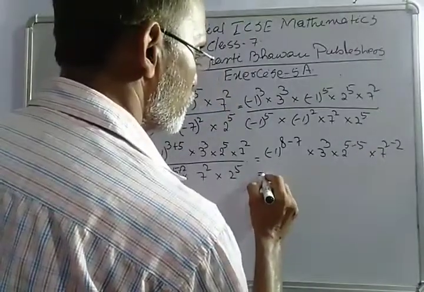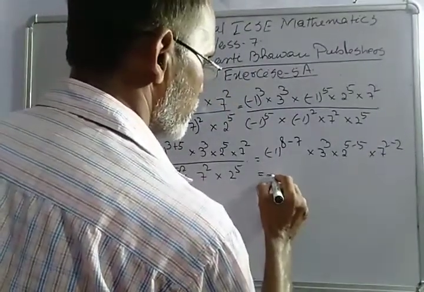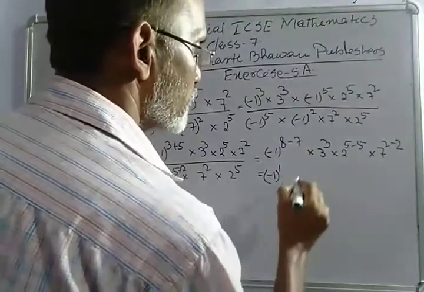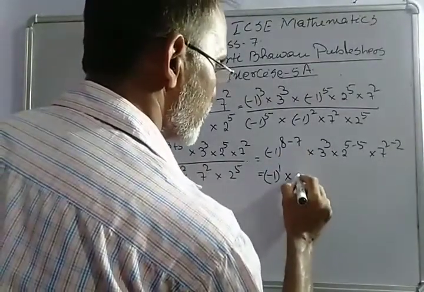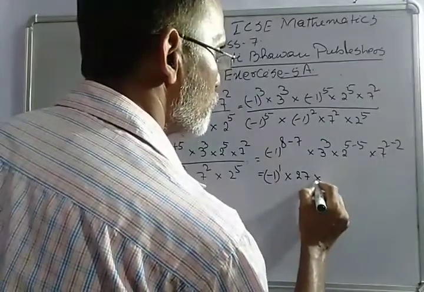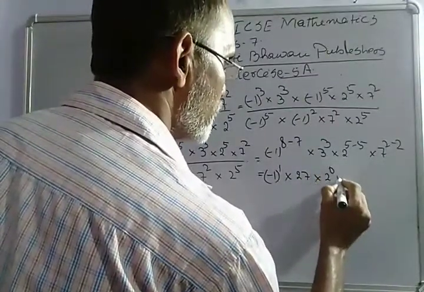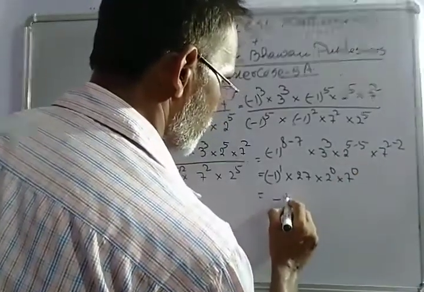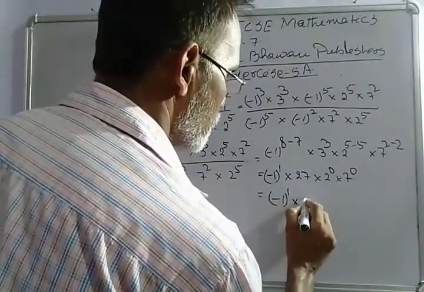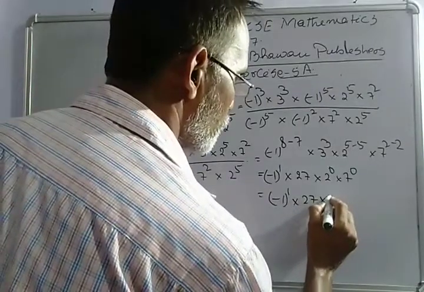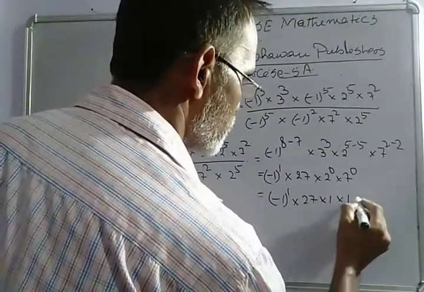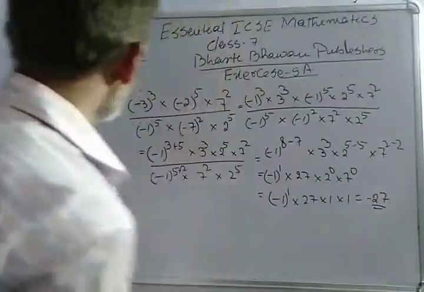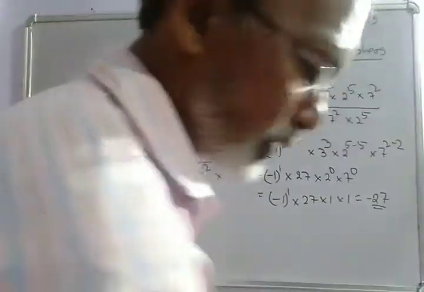So this is equal to (-1)^(8-7), and 3^3 is 3 × 3 is 9, × 3 is 27, × 2^0 × 7^0. So this is equal to (-1)^1 × 27 × 1 × 1. So this is equal to -27. So number 9 is finished.